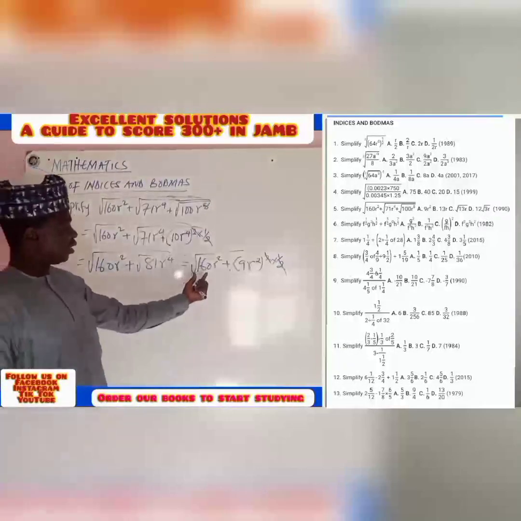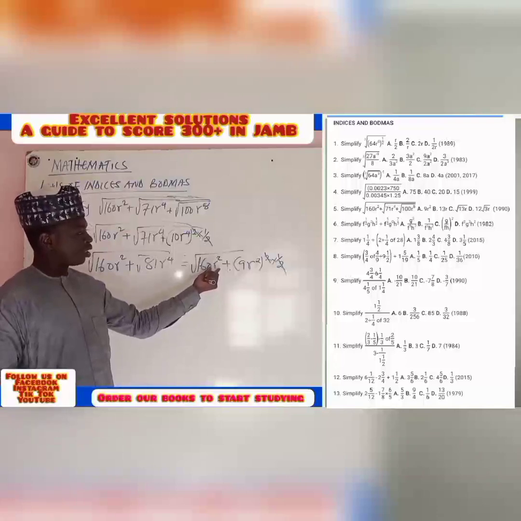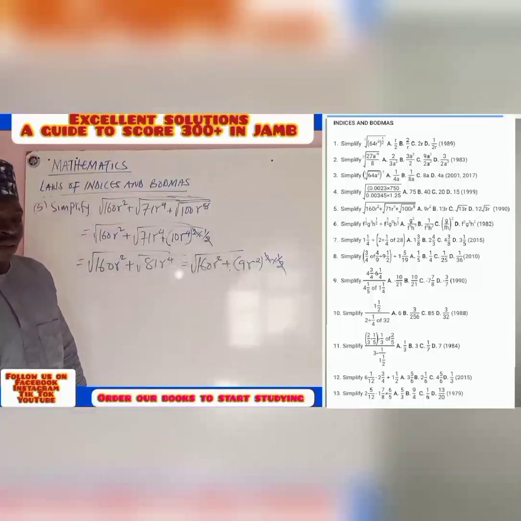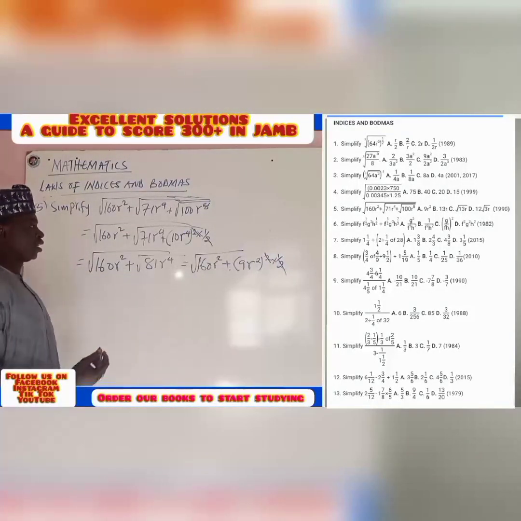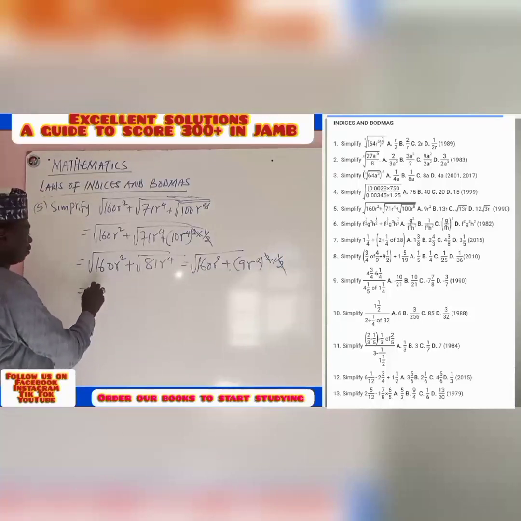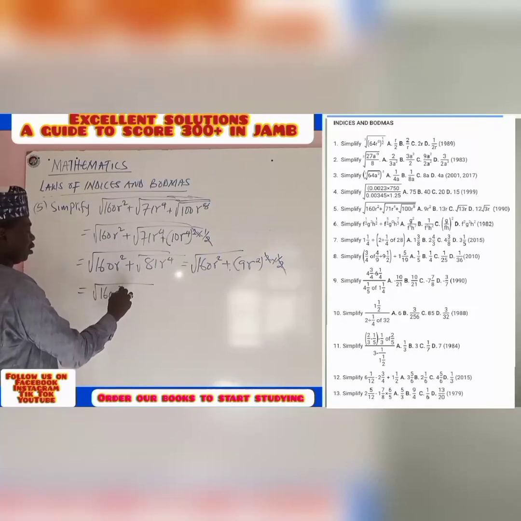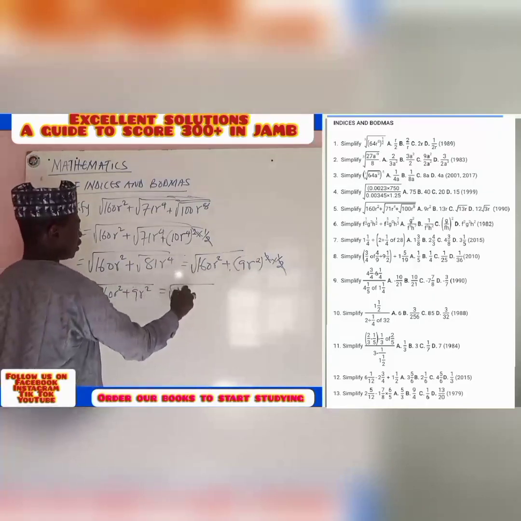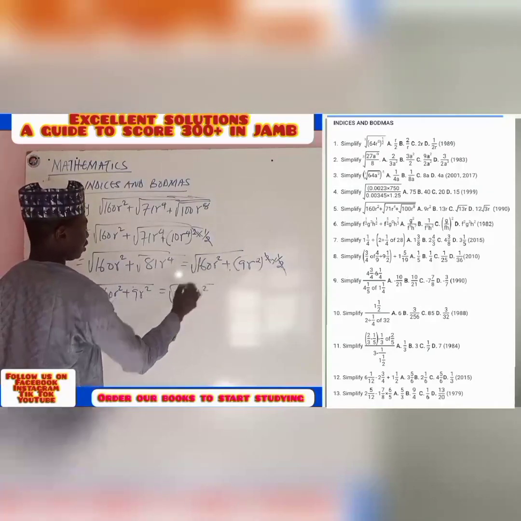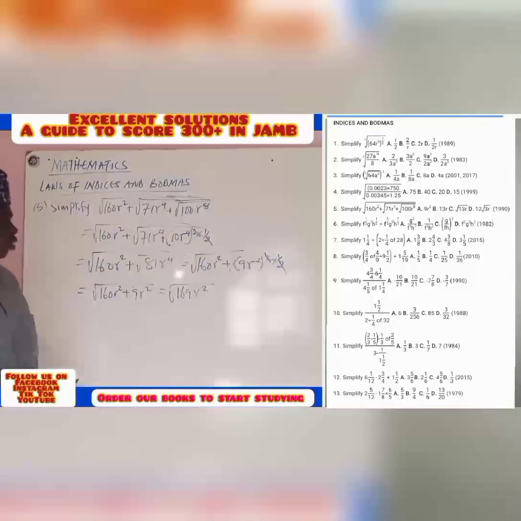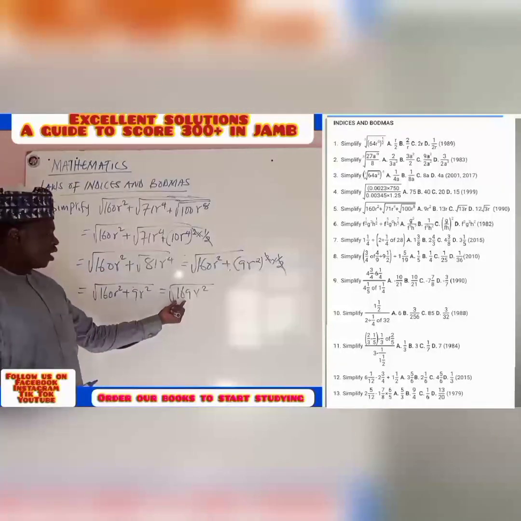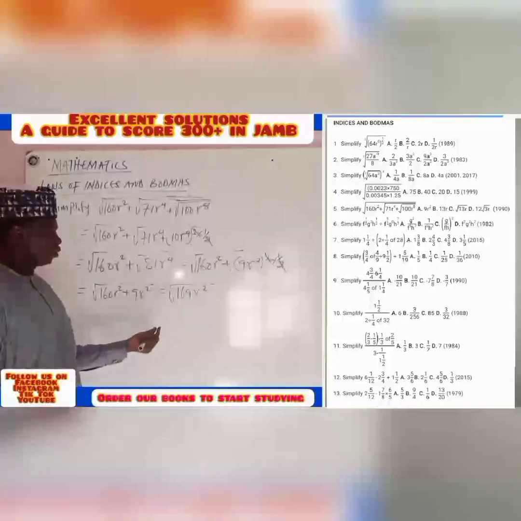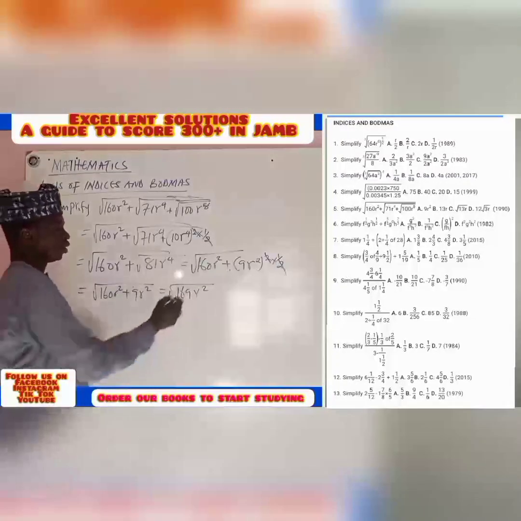So here we are left with 160r squared plus 9r squared is equal to 169r squared. So we now have square root of 160r squared plus 9r squared is equal to square root of 169r squared. So the square root of 169 is 13, we know, and this r squared can go with the square root.